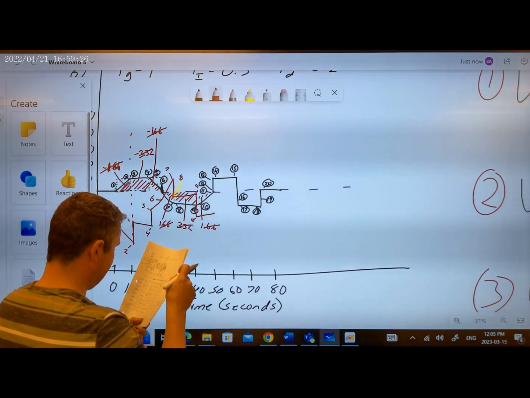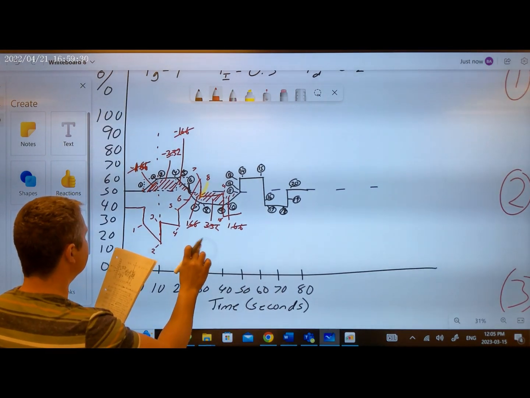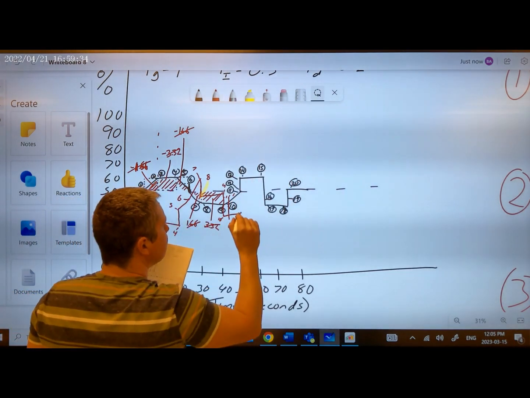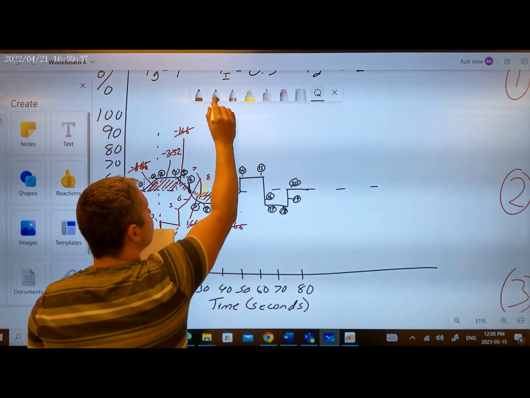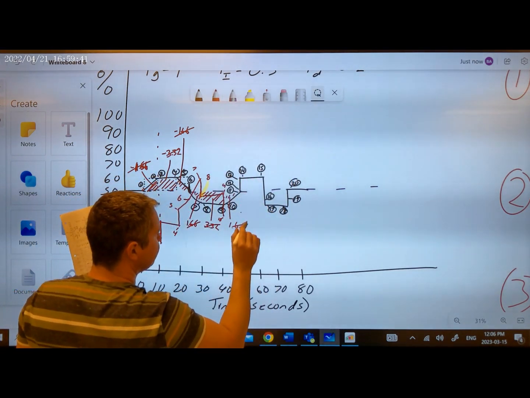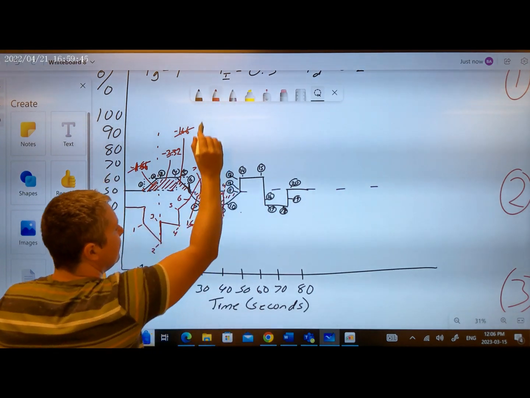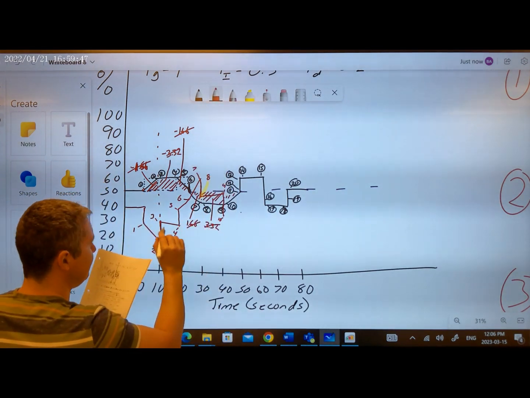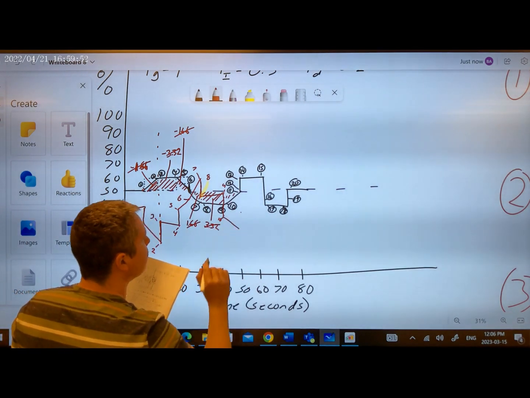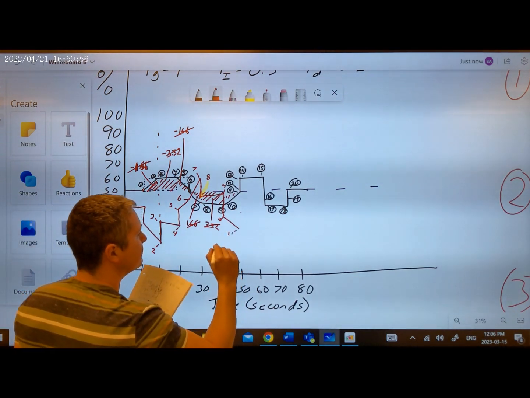What happened here? 10 was supposed to be 36. 36, okay. So I'm going to get rid of this as well. Okay, that was kind of in the way. So 27 would be about here. So it decreased. Okay, so that is 0.11.